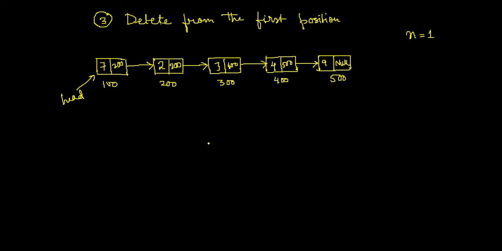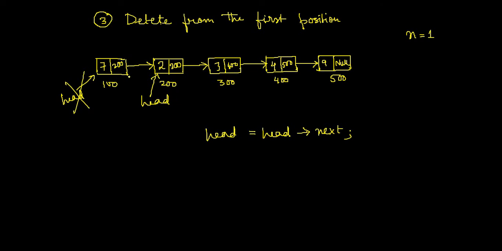Fine. So if you just write head equal to head next, your job is done, because head will no more point to this node. Now it will point to the second node.